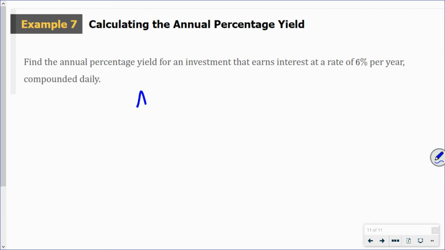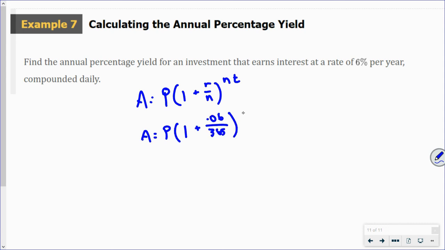So we have A equals principal times 1 plus R over N to the N T. We have 6% compounded daily, so N is 365. So we have A equals P times 1 plus 0.06 over 365, to the 365. And we're going to look at 1 year because it's annual.